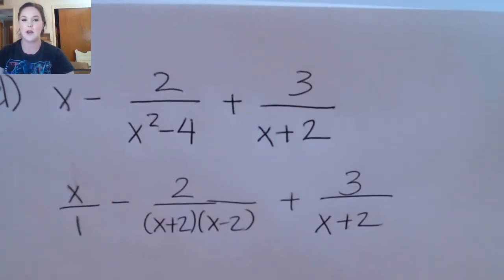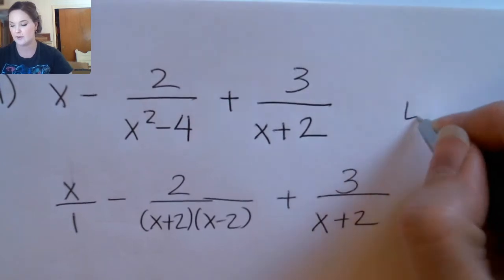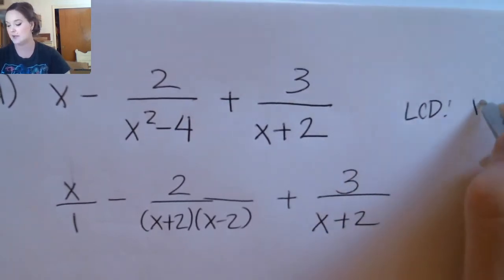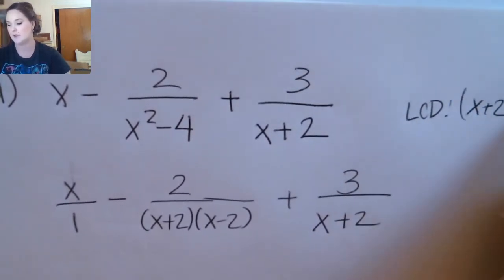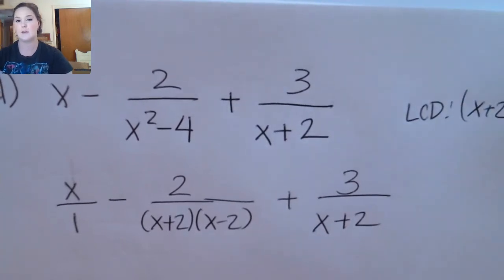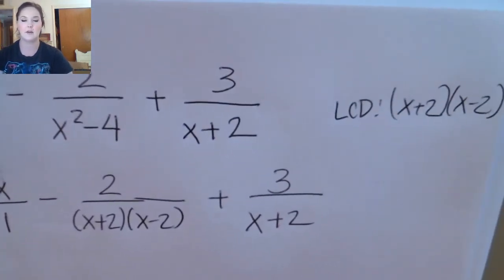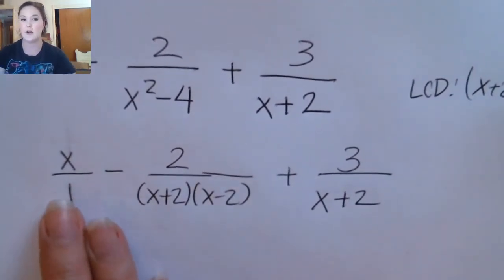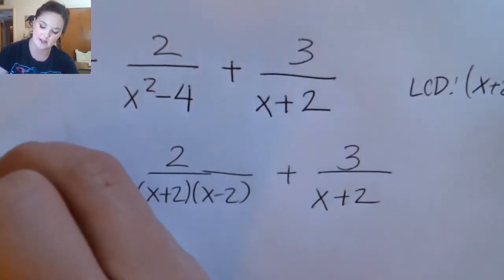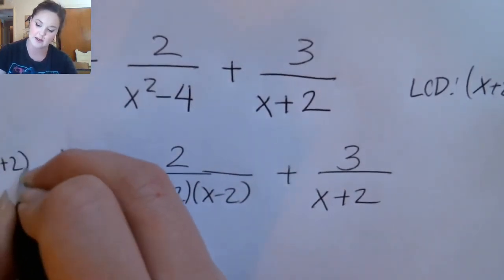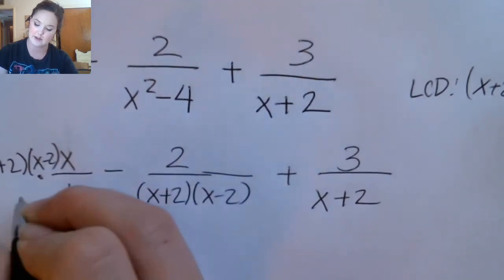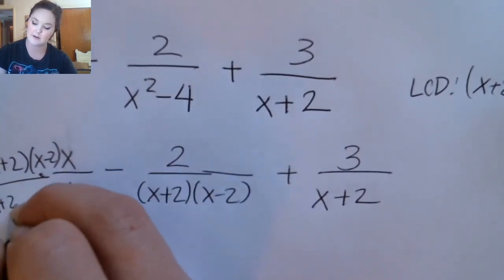Now that I can see all my factors, my LCD is x plus 2, x minus 2. Here I'm missing everything from my LCD, so I'm going to multiply by the whole thing, x plus 2, x minus 2, and I'm going to do the same thing in the denominator.